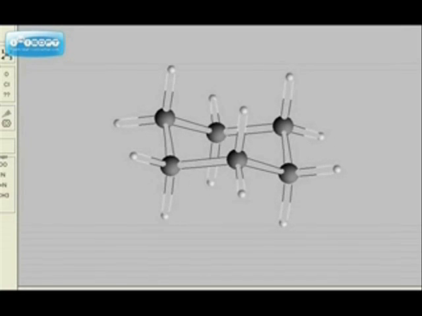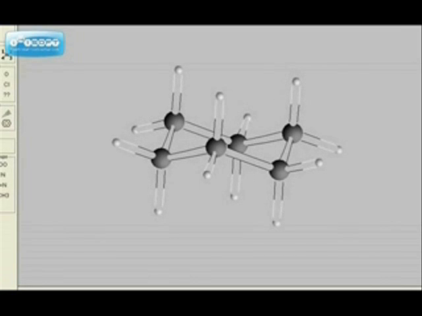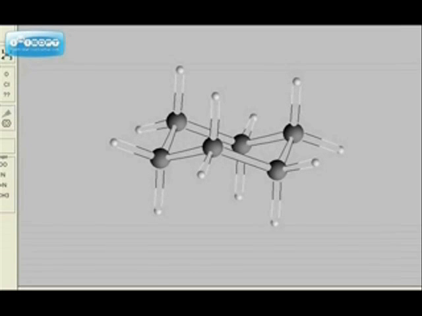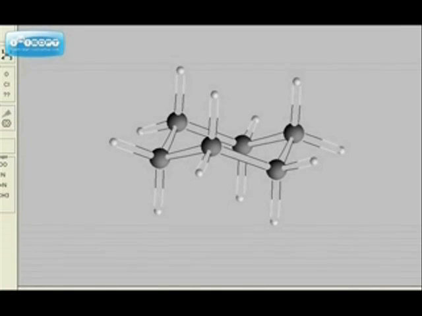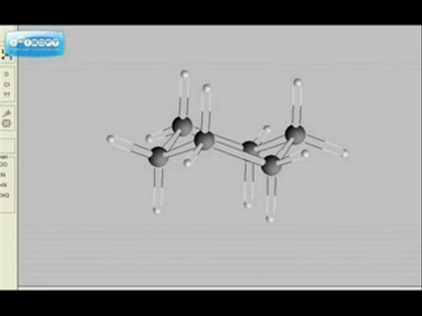And so this is the most stable conformation of cyclohexane, and there's another chair conformation that is simply the inverse of this chair conformation, and a whole bunch of intermediaries between those two appear.